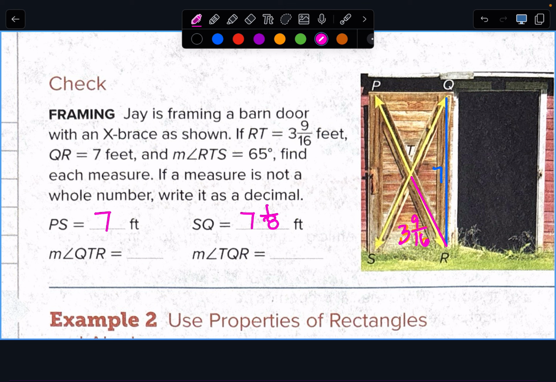Okay. Chase, what is QTR? QTR, that angle right there. So RTS, this guy is 65. And so what do we know about these 2 angles? Equal to 180. Okay, they're supplementary.